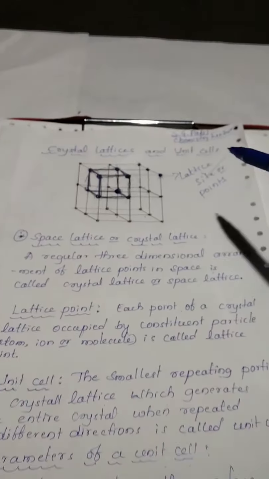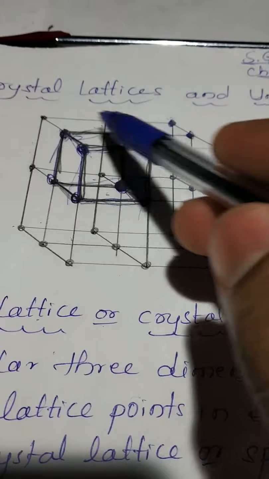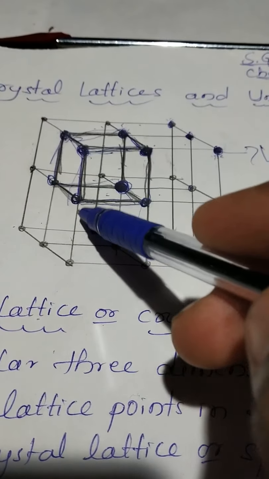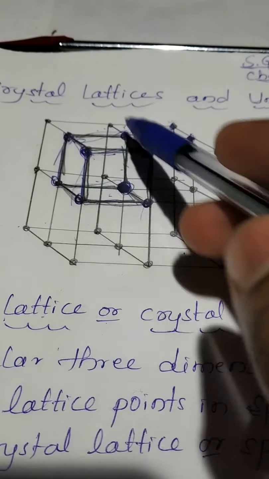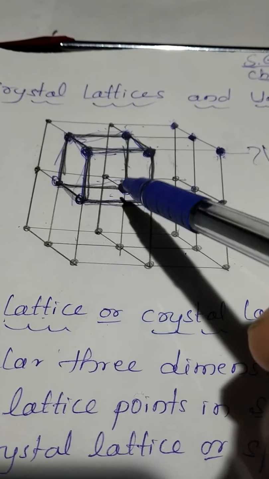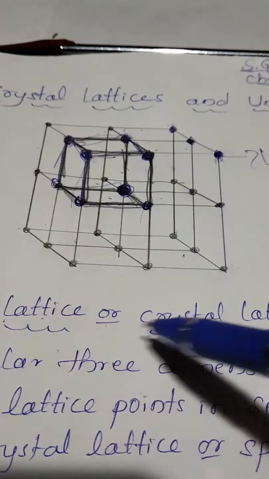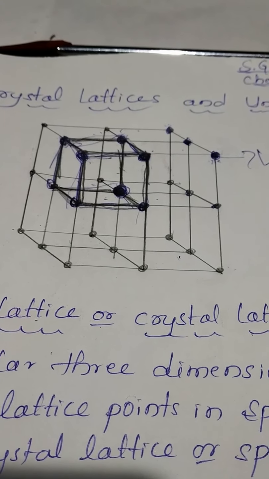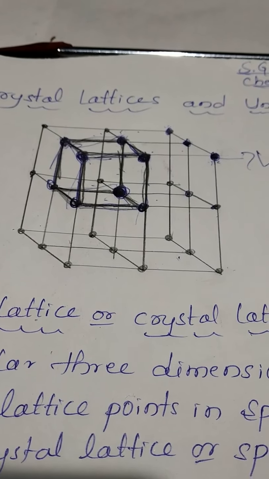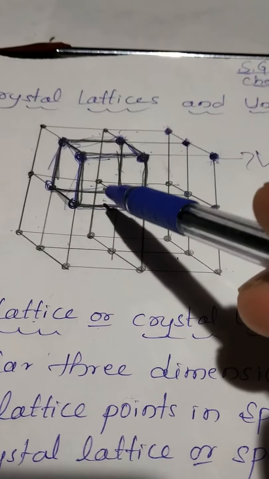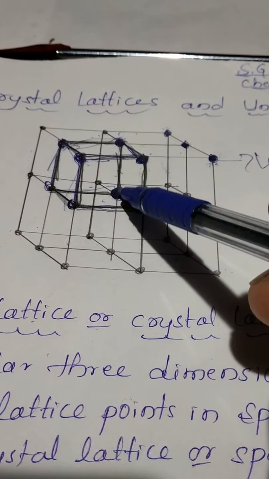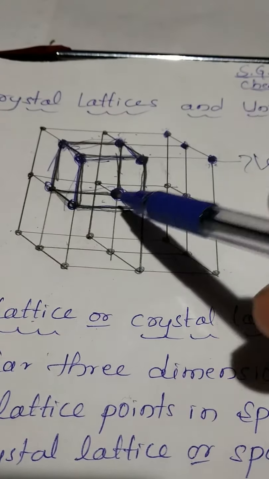Next, unit cell. See here, this is a shaded part. The smallest repeating portion of this crystal lattice is called a unit cell.